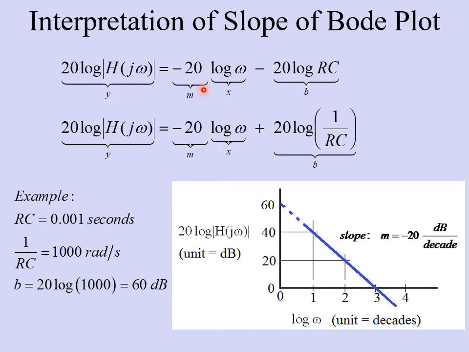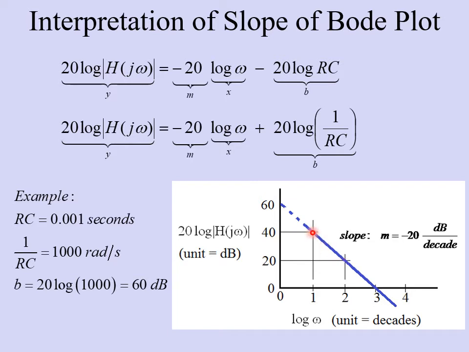The key thing here is that this slope is negative 20 decibels per decade. What does that mean? The slope of this curve is a straight line, and every decade in frequency, it's going to drop by 20 decibels. Notice we go from 40 decibels down to 20 decibels, and that happens over 1 decade of frequency.